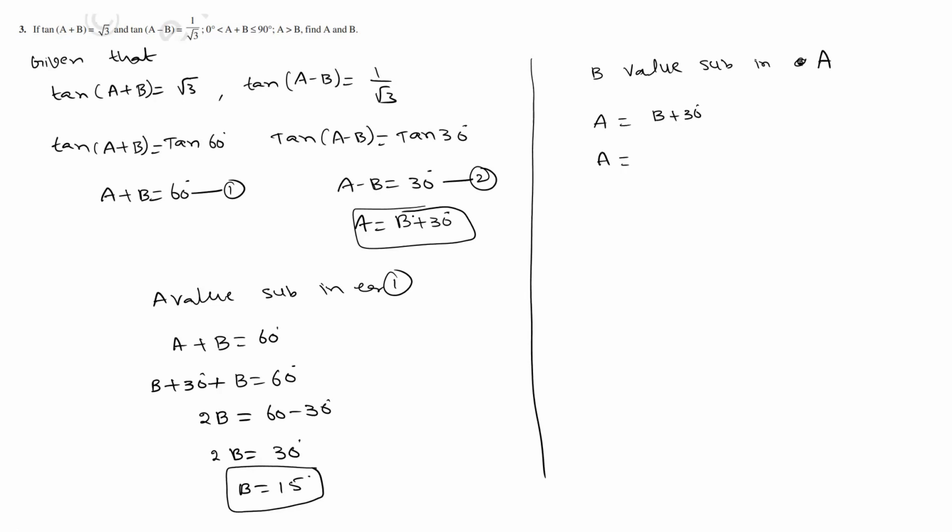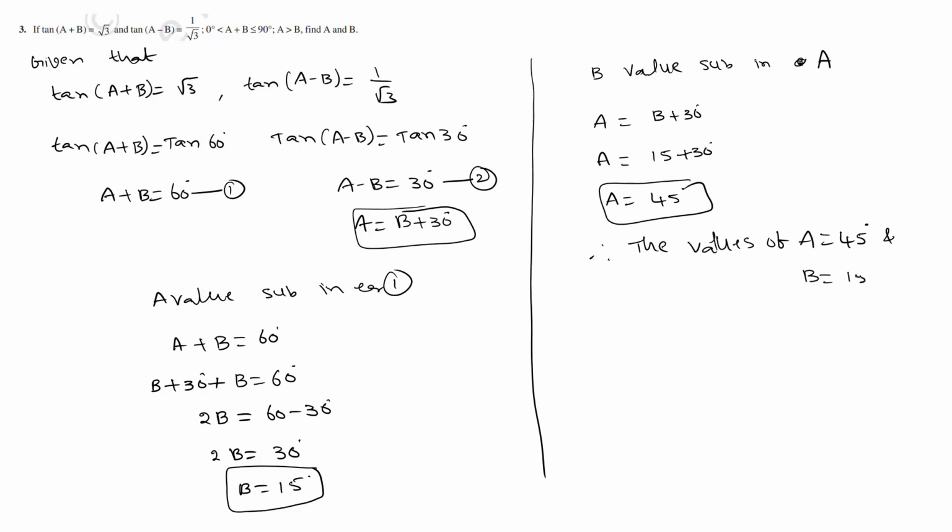So B is equal to 15. So 15 plus 30 degrees. So A is equal to 15 plus 30 will be 45 degrees here. Therefore, the values of A is equal to 45 degrees and B is equal to 15 degrees is the answer for this.